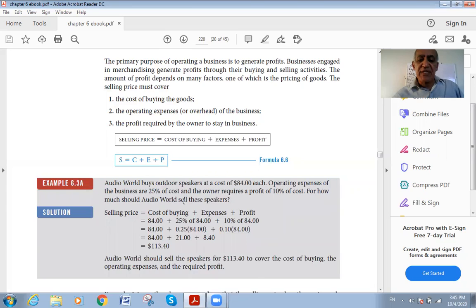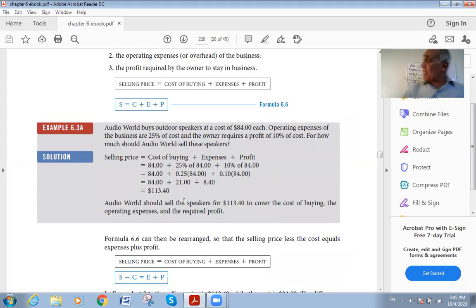And we have here a small example about this, another example. I put one on the board, and now this is another example. I want you to solve this example. The cost of buying is $84.